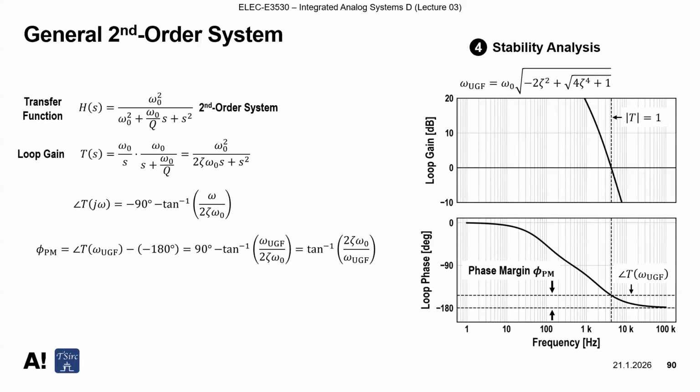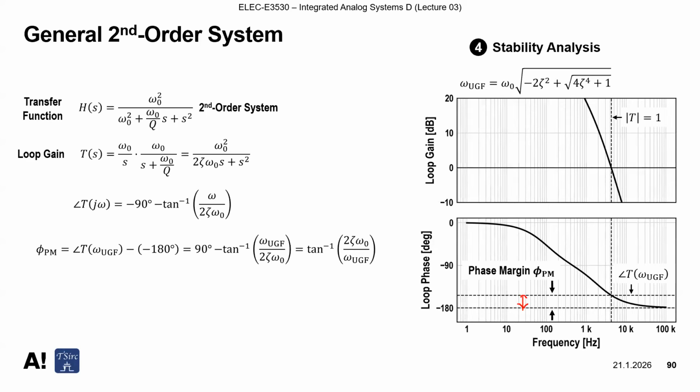And when we think about our phase margin, we can now simply plug our unity gain frequency omega into this phase response equation. Then we can have a look at the difference from minus 180 right here.